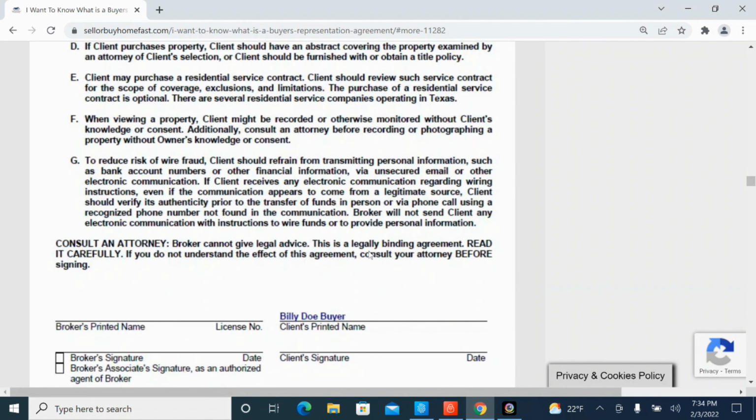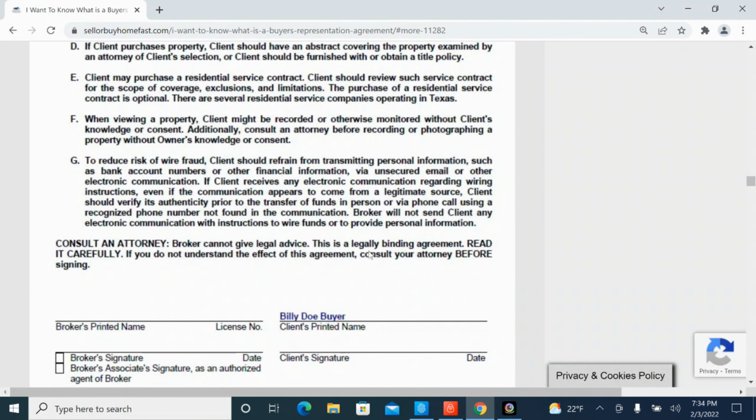And this is one of the main things that does go on in real estate in reference to wire fraud. So what you want to do is make sure that it's coming from the place where it's supposed to come from. You do not want to send funds to an unknown account or to an unknown source. So always verify where you're sending money if you choose to use wire.